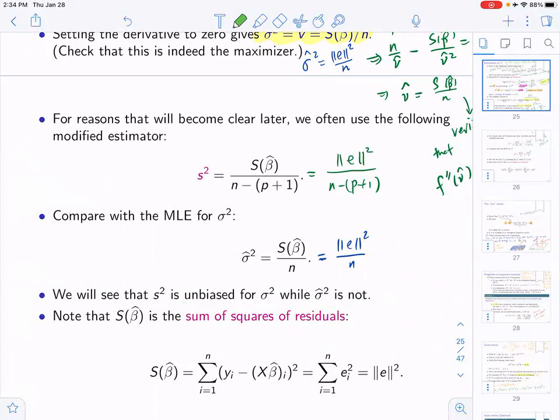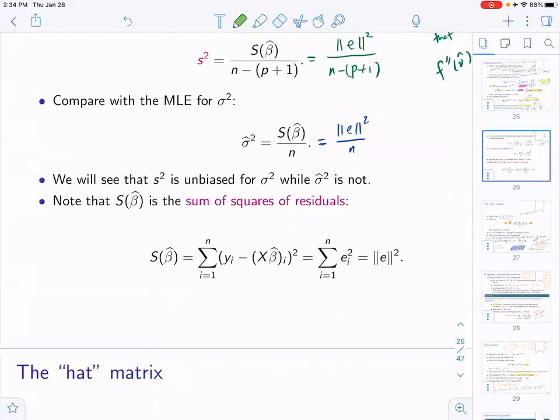Does anyone know what unbiased means in this context? What does it mean to say that S squared is an unbiased estimate of sigma squared? Is it that the expectation of the estimator is just the parameter itself? Yes, exactly.